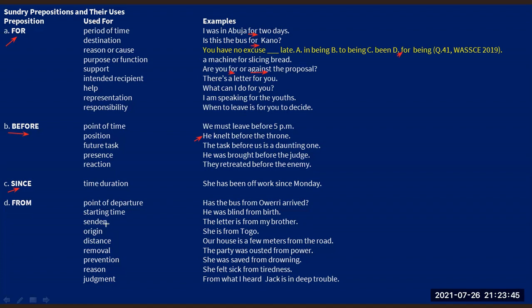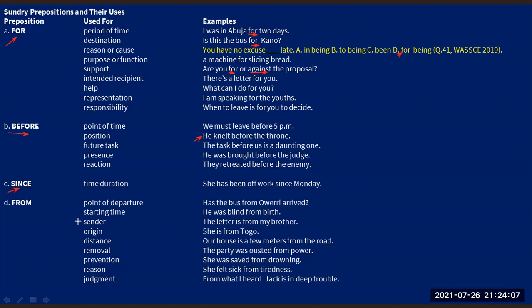We use for to indicate a receiver, and then we use from to indicate a sender. From Mary to Rose. In that case, from Mary indicates that Mary is the sender.